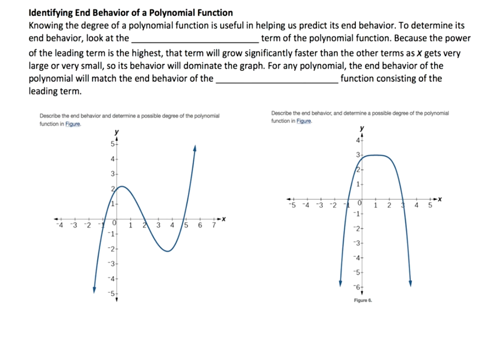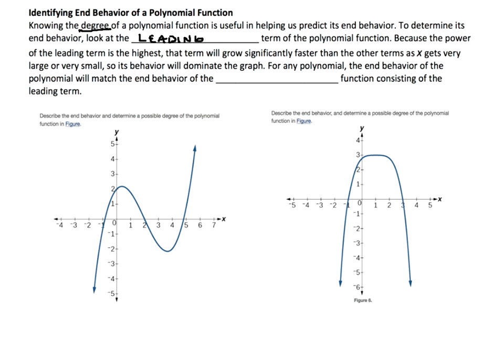Okay, identifying end behavior of a polynomial function. Knowing the degree of the polynomial is useful in helping us predict its end behavior. Same thing we just talked about. There's no difference here. But instead of just having a monomial to look at, now you're going to use the leading term to identify end behavior.